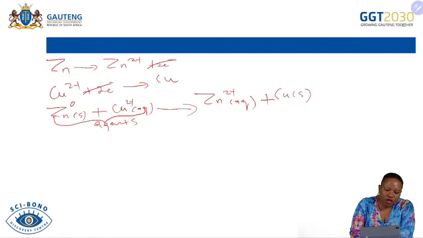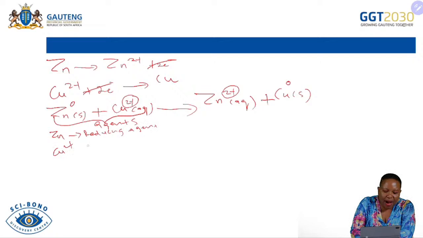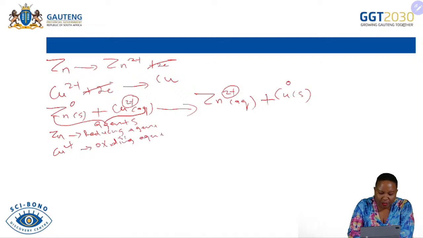So zinc moves from 0 to 2 plus, and copper 2 plus moves from 2 plus to 0, meaning that zinc becomes our reducing agent because it is being oxidized, and copper 2 plus becomes our oxidizing agent because it's being reduced. Now these are our agents that are reacting.